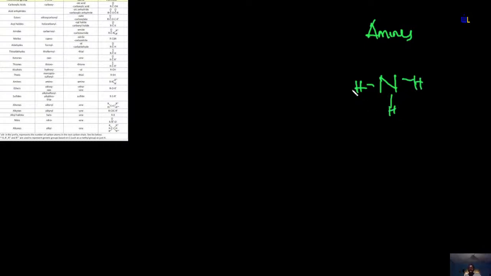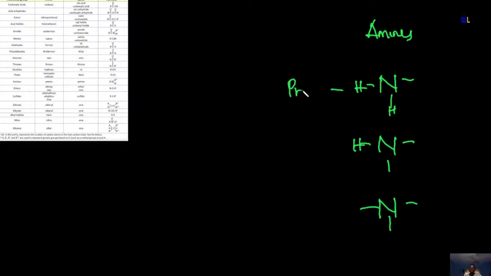Once you replace an atom of hydrogen, you have started producing an amine. If one hydrogen atom is replaced, this is what we refer to as a primary amine. If 2 hydrogen atoms are replaced, you are going to have a secondary amine. And where 3 of the hydrogen atoms in ammonia are replaced, you now have a tertiary amine.